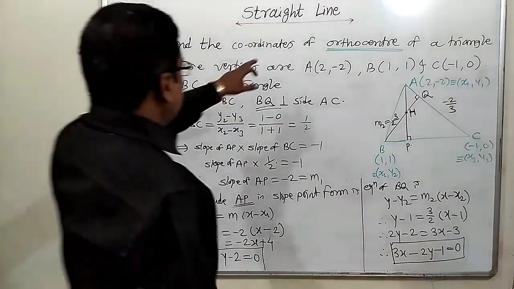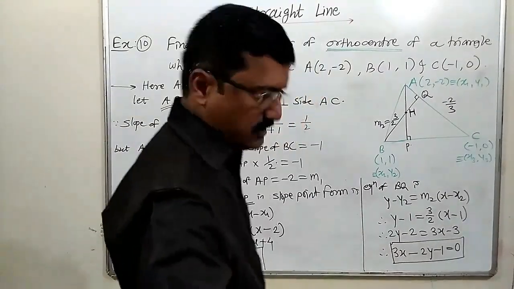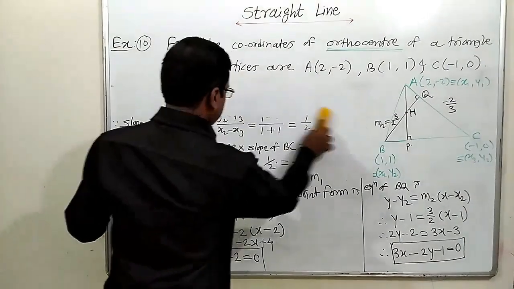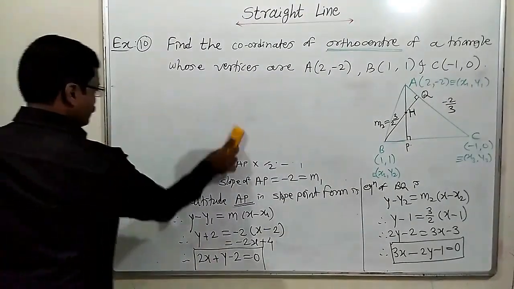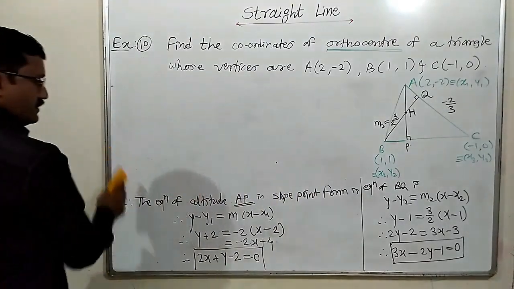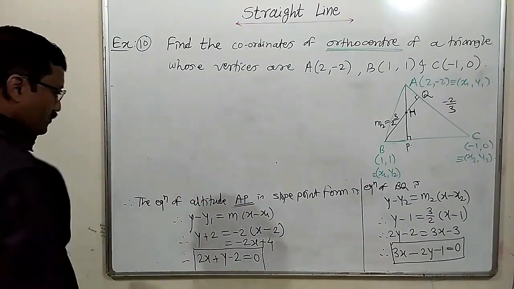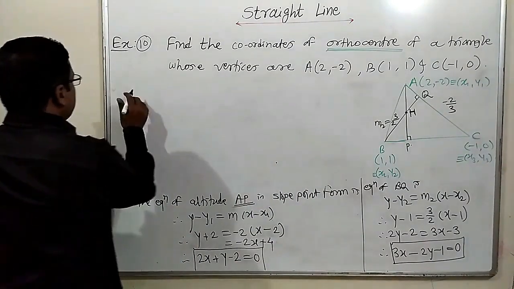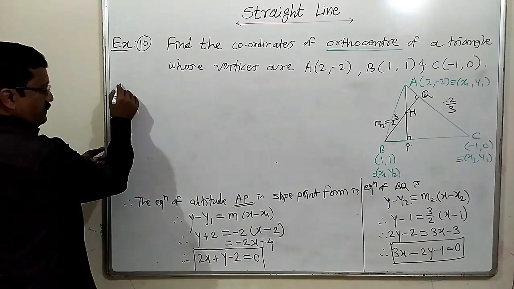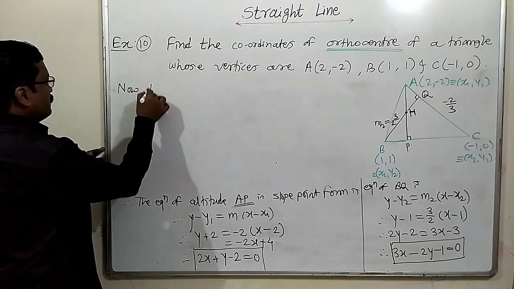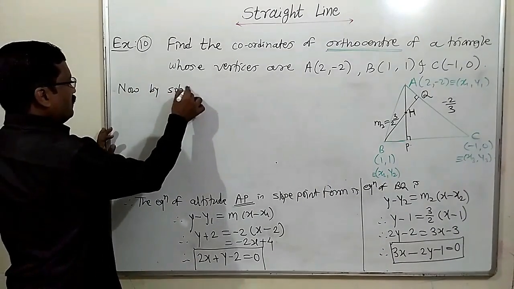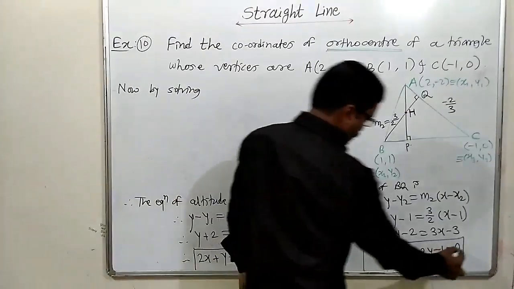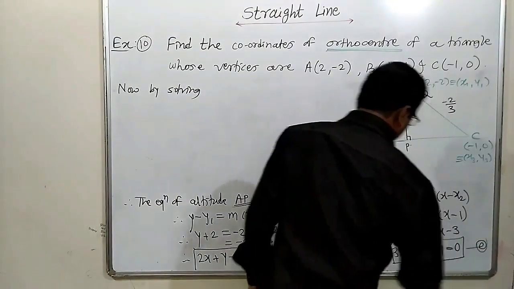Now we need the coordinates of orthocenter. So we will write here these are the equations of altitudes first and second, and we need their point of intersection. Now let us call this equation 1, this equation 2.